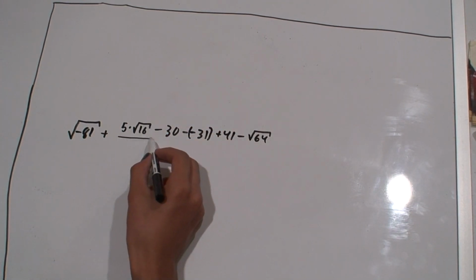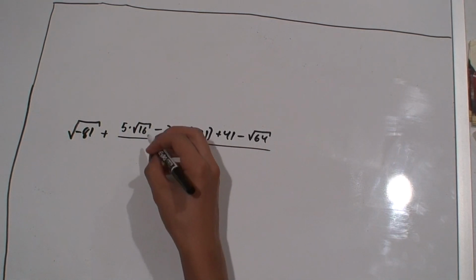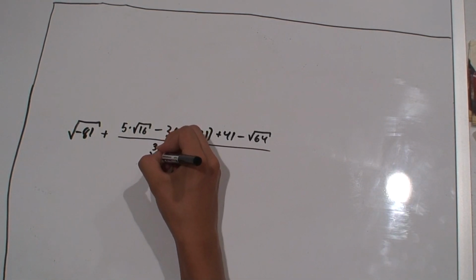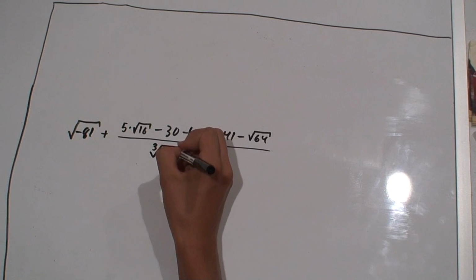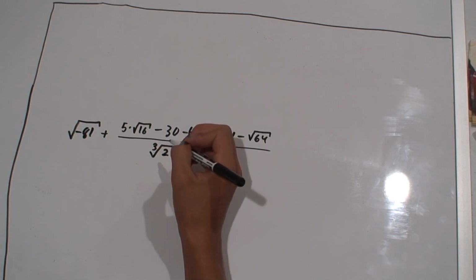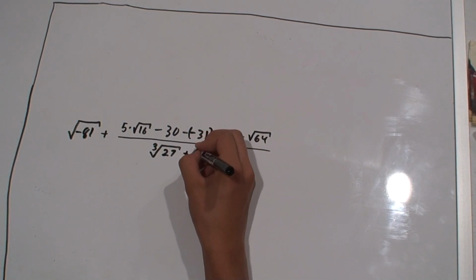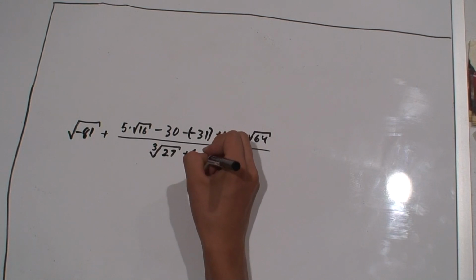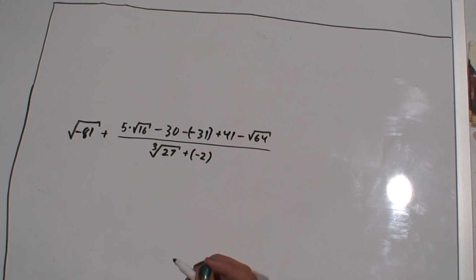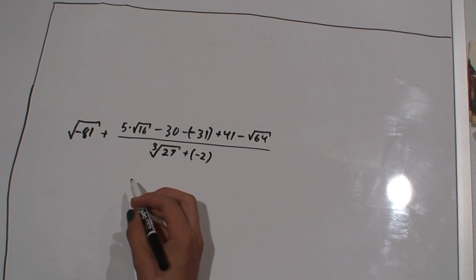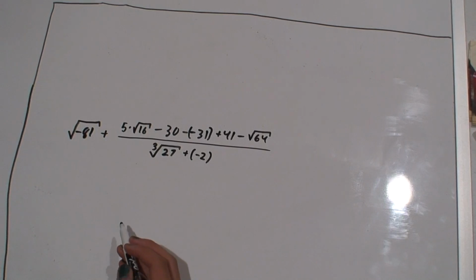Then you take all of that and divide it by the cube root of 27 plus negative 2. Now this is a very big problem. So let's try and break it down into smaller bits.